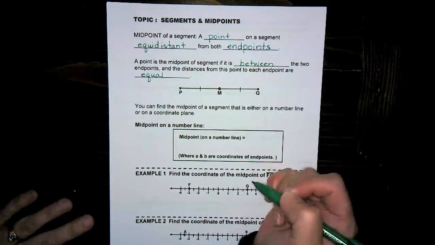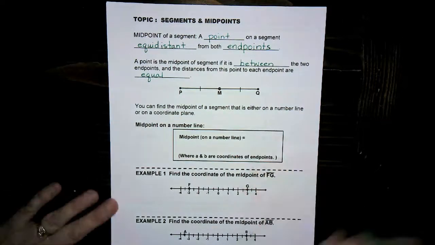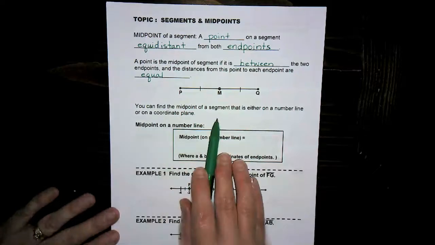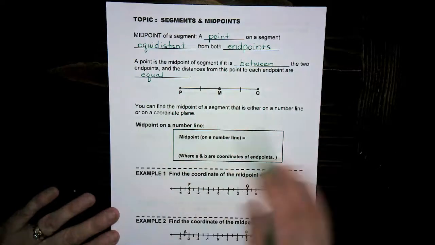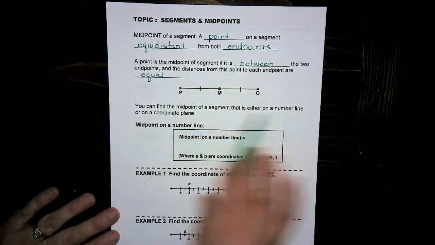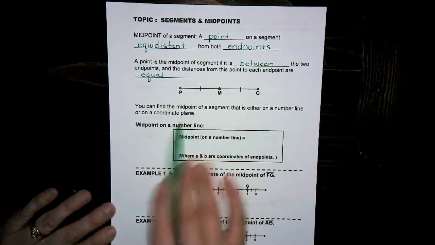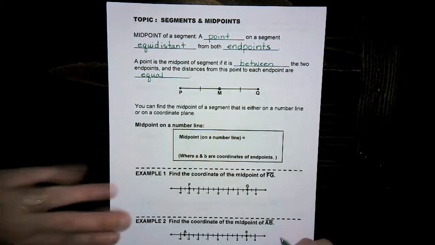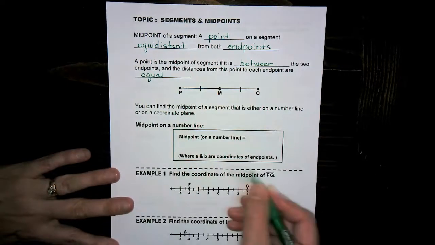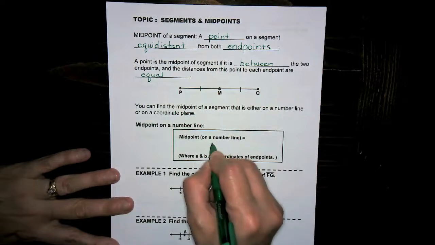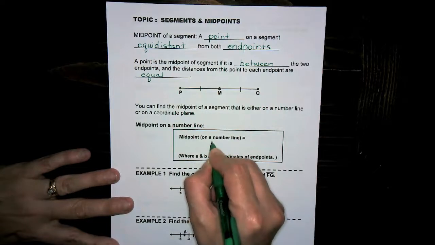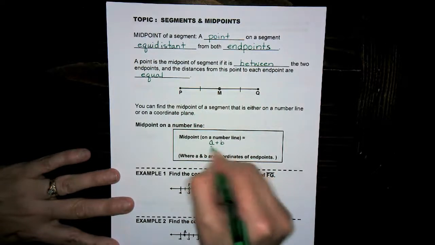And if we want to find a midpoint on a segment, we can do that either from a number line, which we're going to do first, or from a coordinate plane. Now, if we want to use a number line, then in order to find the midpoint, we're going to actually find the average of those two values.